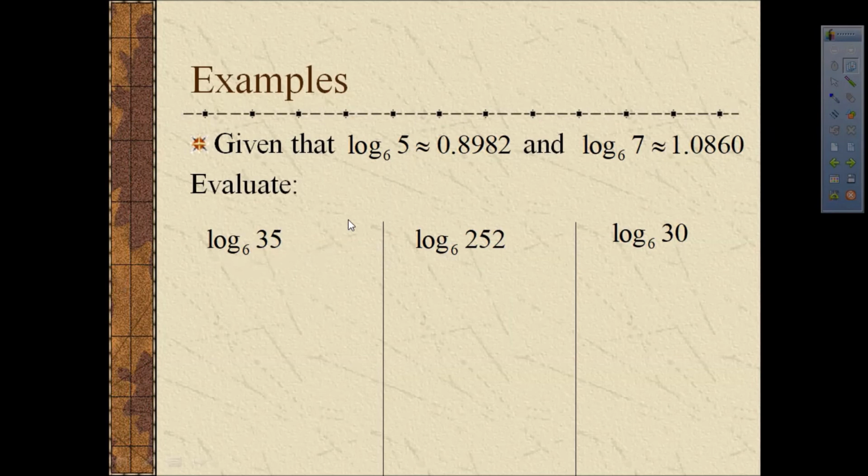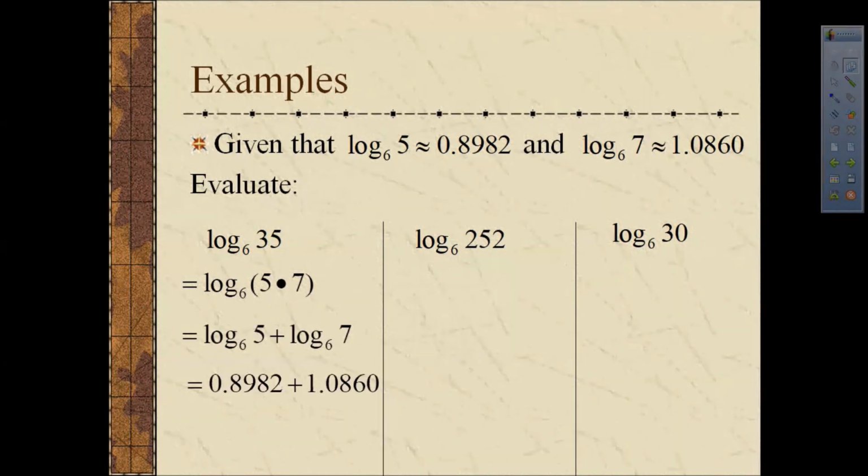Well, first notice that 35 is 5 times 7. Now use a property of logs to separate this into two separate logs. This will separate into log base 6 of 5 plus log base 6 of 7, or substituting 0.8982 plus 1.0860. If we just add these two numbers up, we find that log base 6 of 35 is 1.9842.